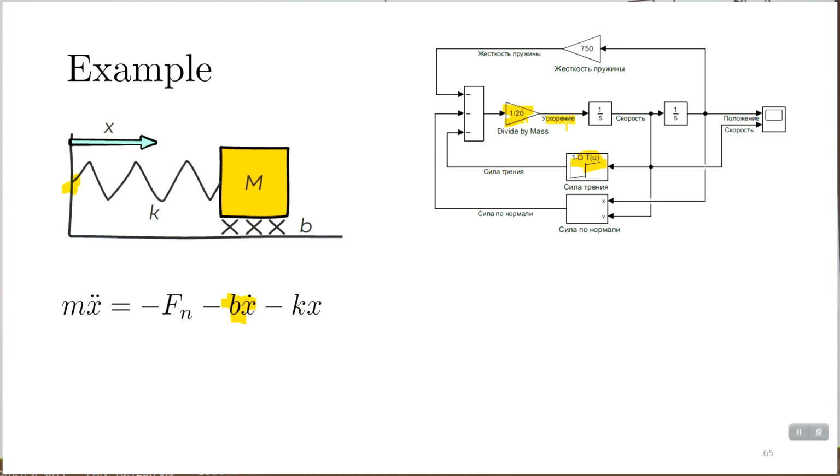Just as in the previous example, if we integrate acceleration, we get velocity. If we integrate it once again, we get position. All right. If we multiply position by the coefficient of stiffness, we get force. So this is the stiffness of the spring, and this is the force generated in the spring.